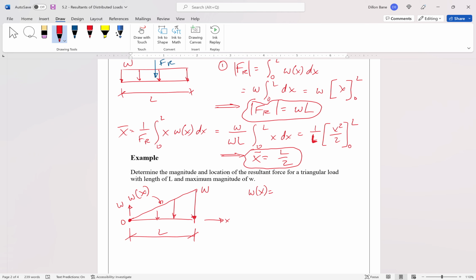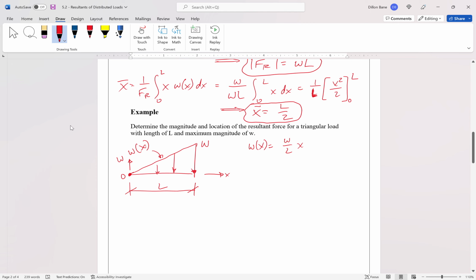So rise is W, run is L, times X, plus the y-intercept, which is 0, right? So our W of X function is now just W over L times X. You can plug in any number for X from 0 to L, and it will tell you what the magnitude of that load is at that point, okay?